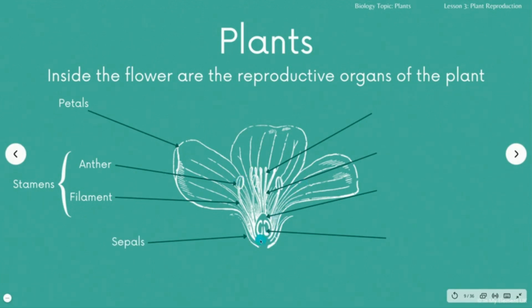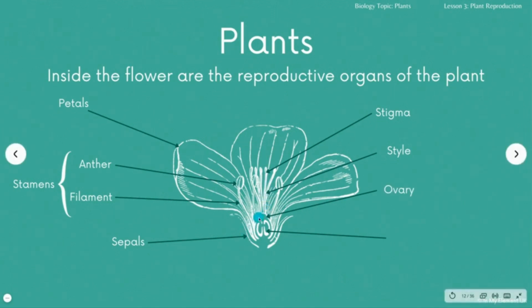Go on down here, you can see the sepals that are surrounding the bottom part that the petals come out of. And if we go over to the right-hand side, you've got the stigma and also the style. The stigma's up at the top, and then you travel down and there's the style.